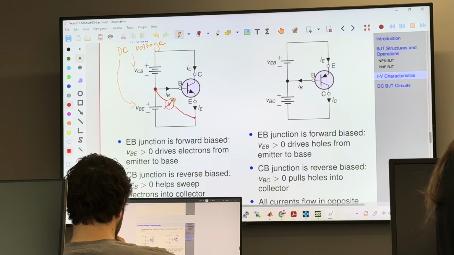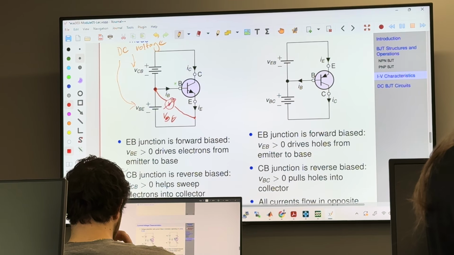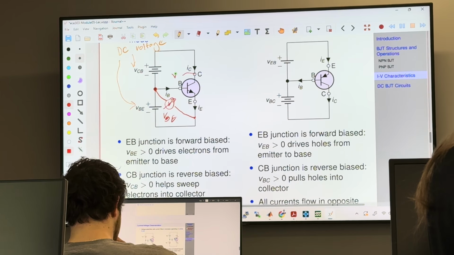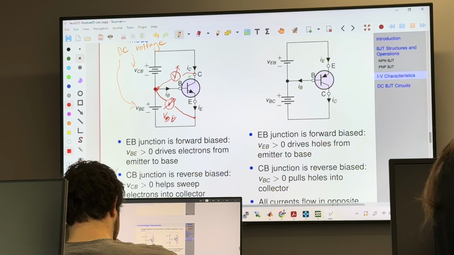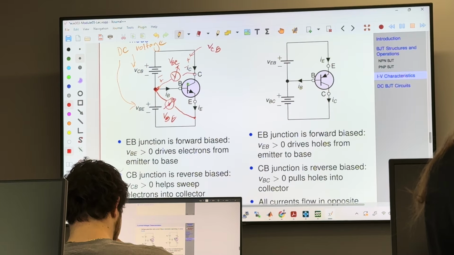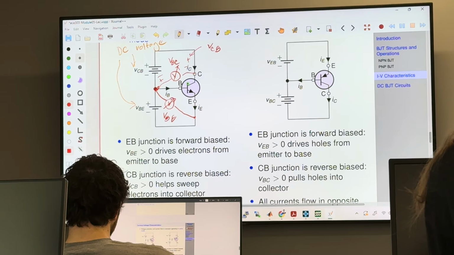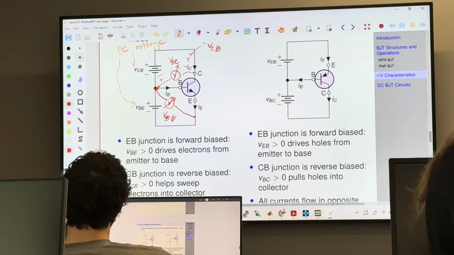If you measure the voltage between those two terminals, it is going to be VBE. Similarly, the voltage between those two terminals is going to be, depending on how you polarize, if this is positive and this is negative, VBC, or if this is positive and this is negative, it is going to be VCB. Is that clear, guys? Depending on the polarity, you have different notation.